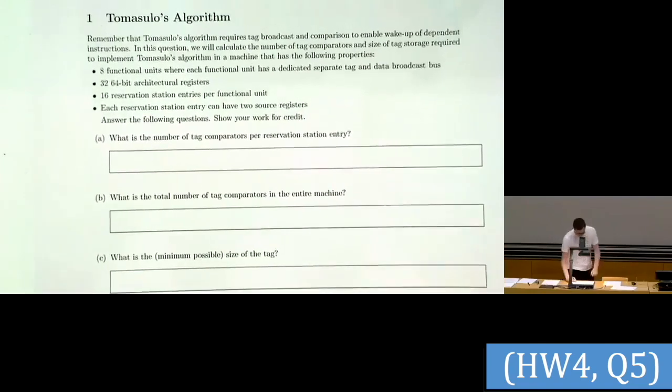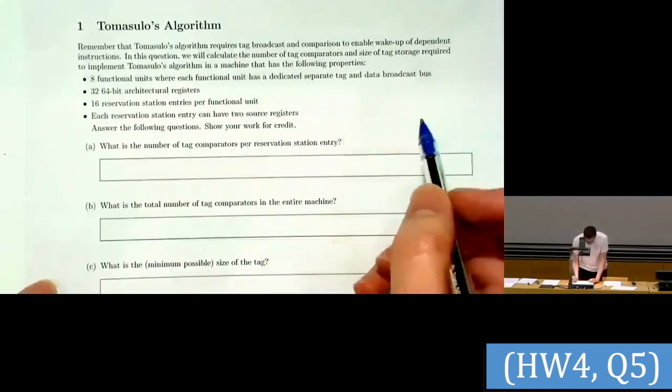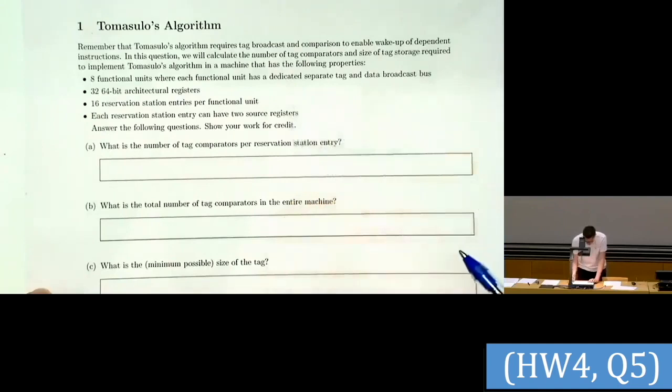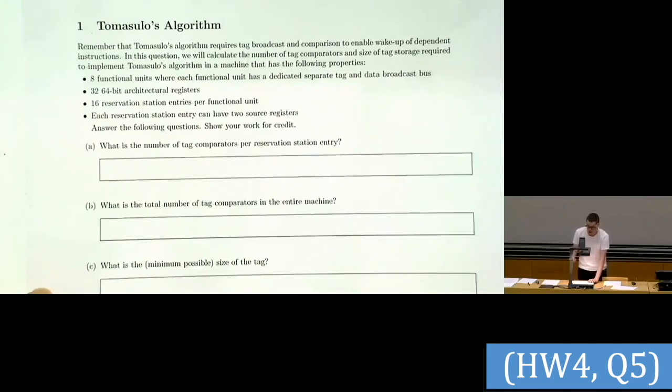I'll quickly read the question. It doesn't require too much computation or knowledge of exactly how the algorithm works, but asks more about the overhead and how many functional units or comparators you need in your design.